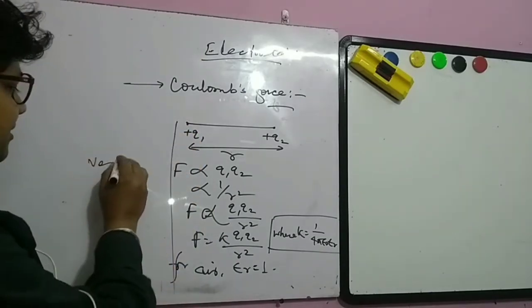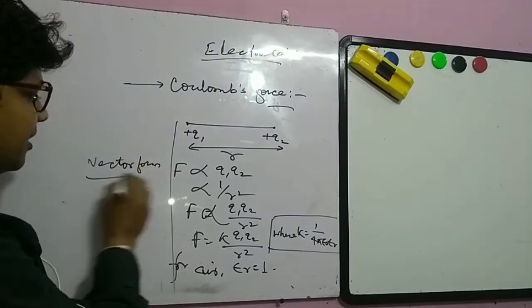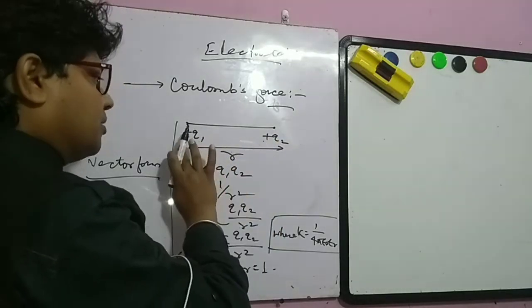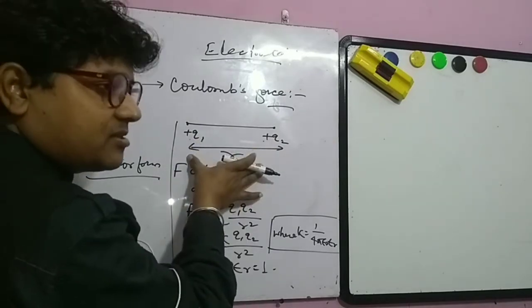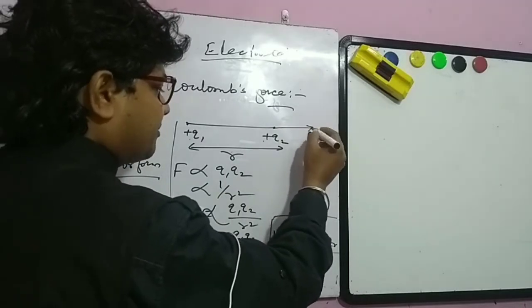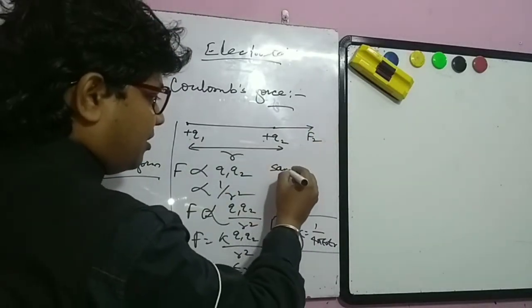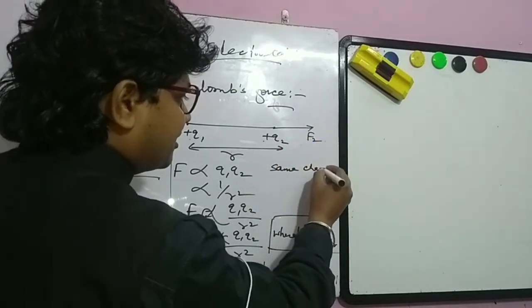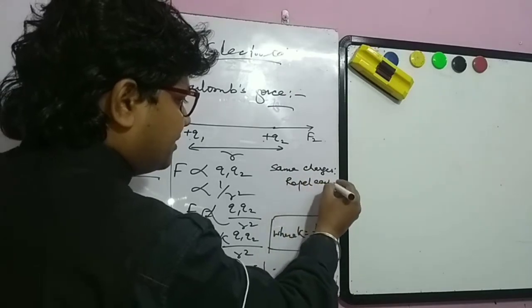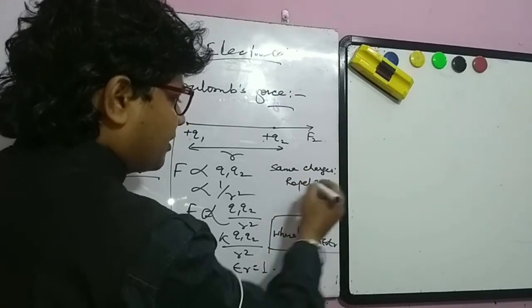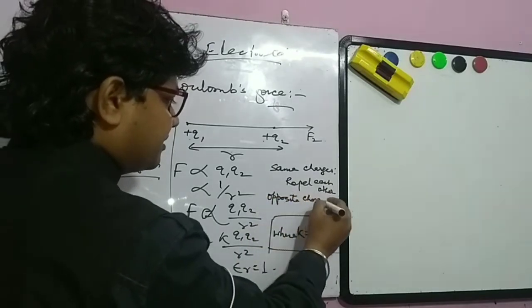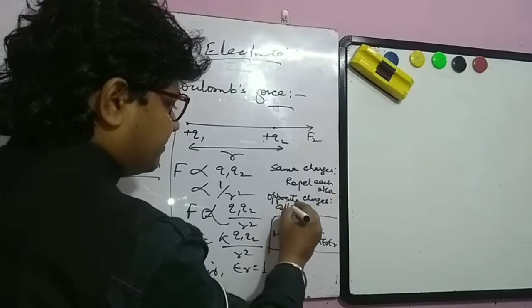In vector form we can write, we should try to write in vector form, and vector form indicates that q1 and q2 are displaced by distance r. We already know same charges repel each other, opposite charges attract each other.